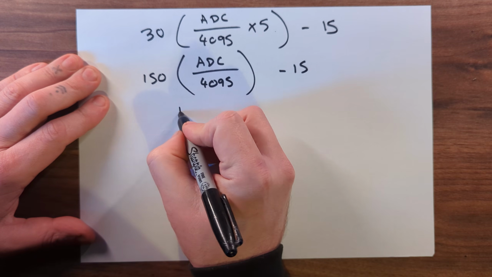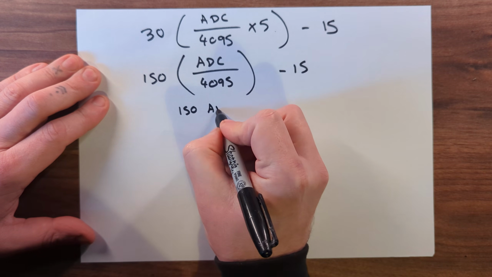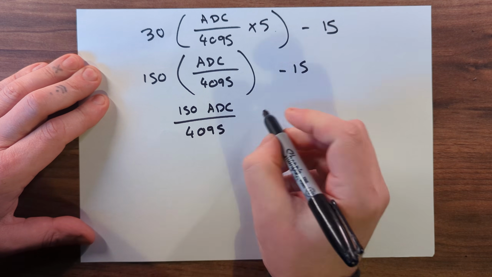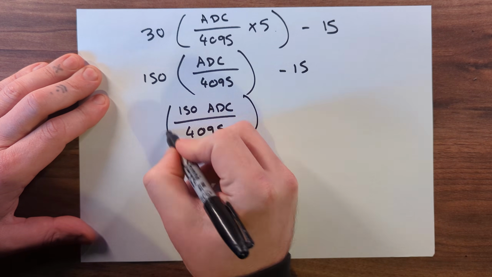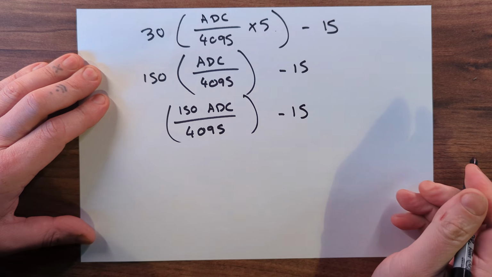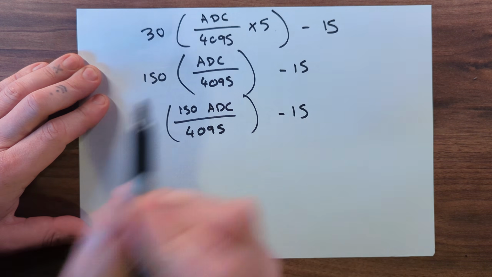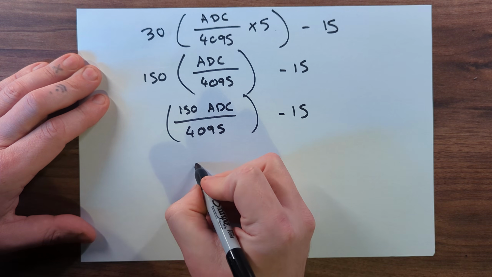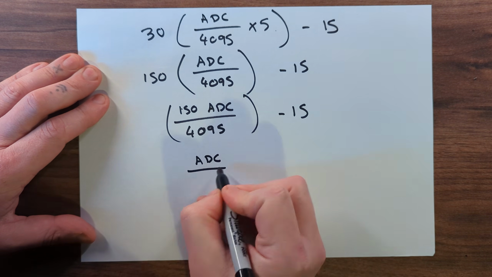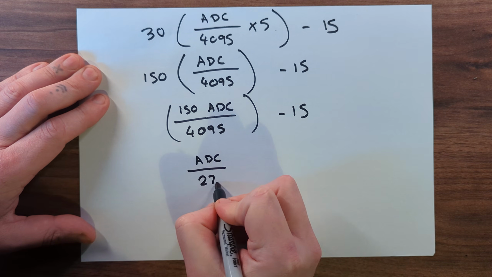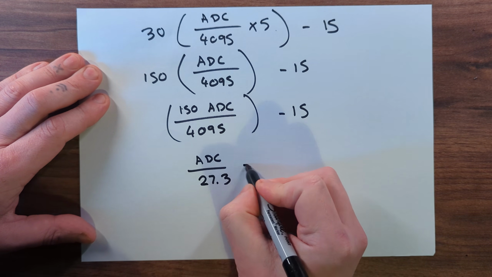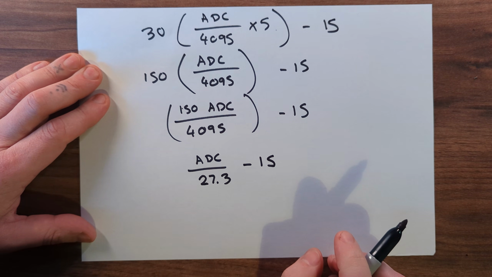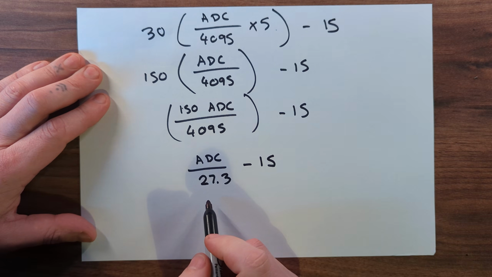So we end up with 150 ADC over 4095 minus 15. Then 4095 divided by 150 leaves us with ADC over 27.3 minus 15. And that is a much simpler way of doing it. So that's our final formula.